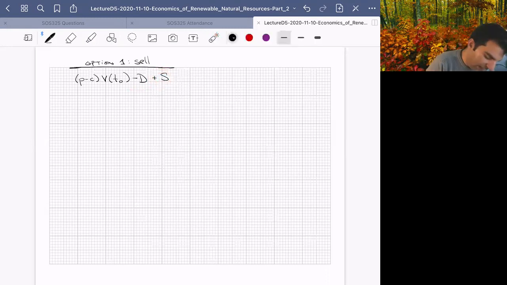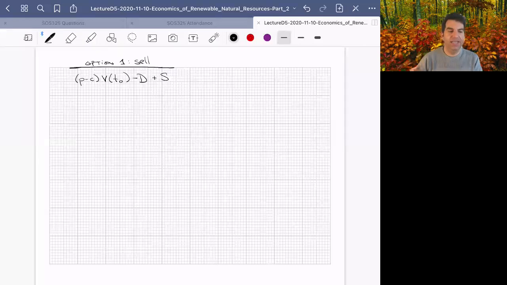And what I'm trying to set up here is the rotation length. So remember that I'm not solving for when to sell, I'm solving for when to rotate. But I have to keep in mind that every year that I'm replanting, I am effectively sitting on top of a site value.